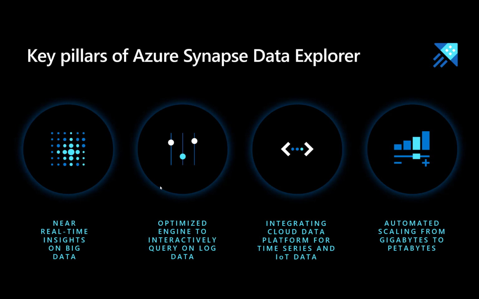It's an integrating cloud data platform for time series and IoT data, as it has a lot of integrations with IoT Hub, IoT Central, and other IoT assets. And it has rich time series capabilities on the platform as well. And finally, it has automated scaling from gigabytes to petabytes. It's a distributed system with compute and storage that can scale independently. So it enables all of these analytics on gigabytes to petabytes of data.